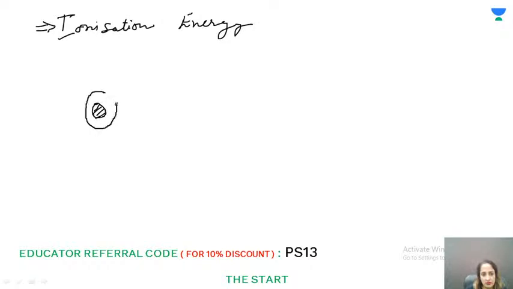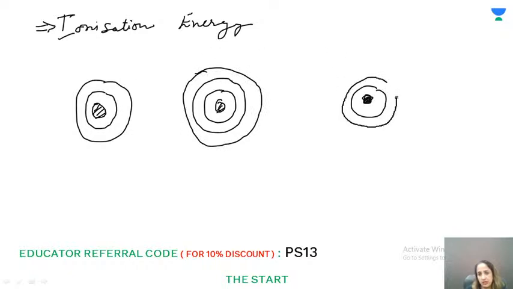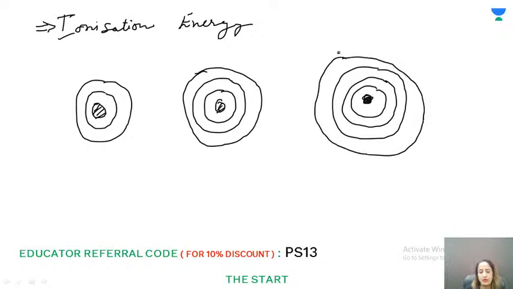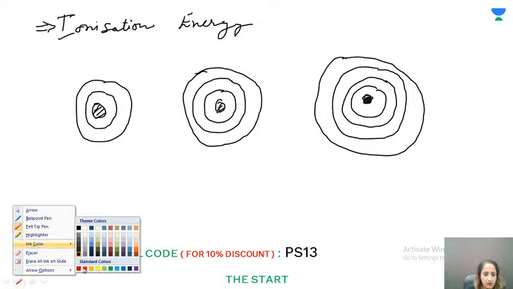So if I just draw it real quick, this is our lithium, this is our sodium I will draw, and this is our potassium nucleus. Okay, so here what we have, I will just write, I will not draw all the electrons now.